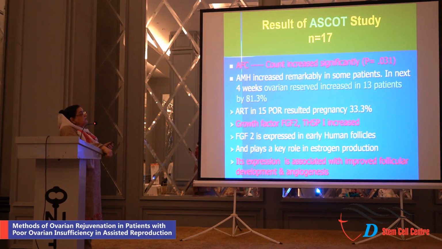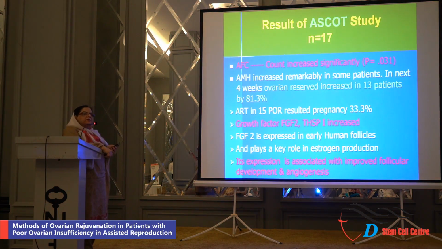And these are very amazing results: the AFC, the antral follicular count, increased significantly. Four weeks after, ovarian reserve increased in 13 patients, that is 81.3%, who had improved ovarian reserve. ART was possible in poor ovarian responder patients, and pregnancy resulted in 33.3% of the patients.